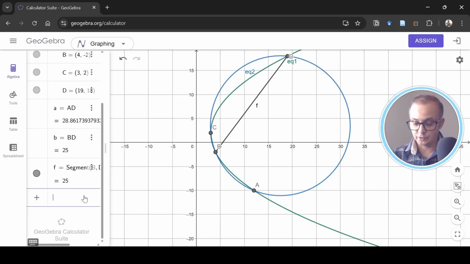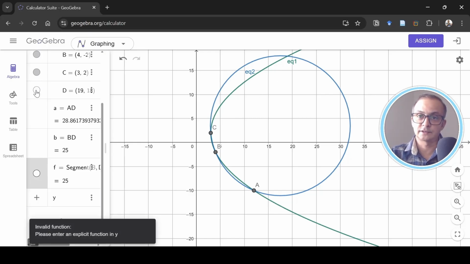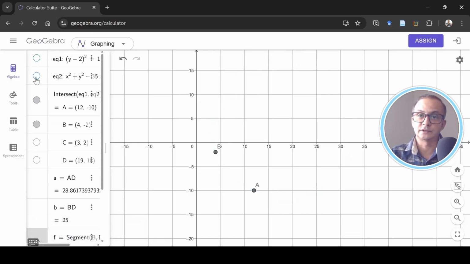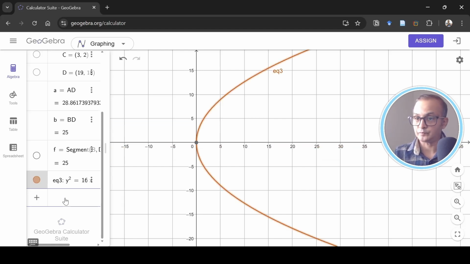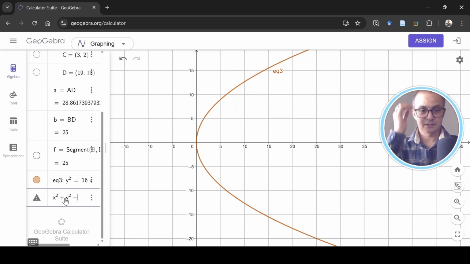If you want to find the graph of the shifted version, y square is equal to, and the circle x square plus y square minus 29x.